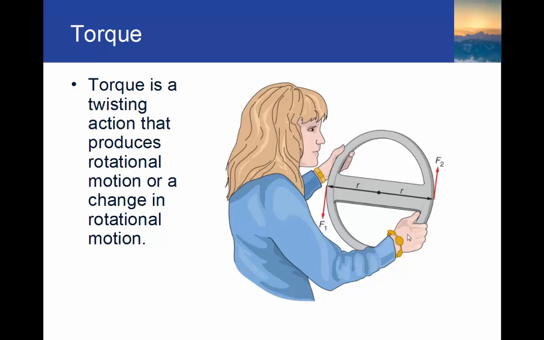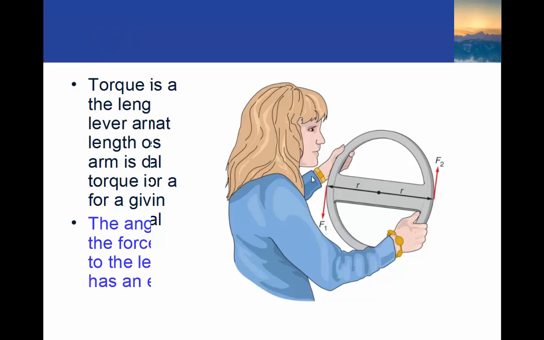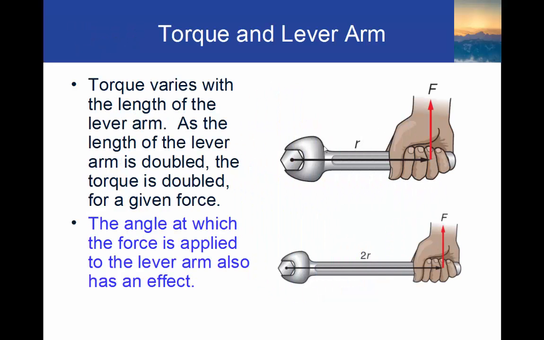If you grip a steering wheel and you turn the steering wheel by moving your hand up and moving your other hand down, the steering wheel twists and you've applied a net torque to the steering wheel. Typically, you apply some force some distance away from your axis of rotation, and that's how you get your torque. It's basically a force times a distance times an angle between these two vectors.